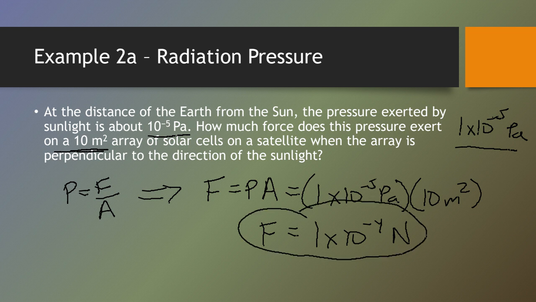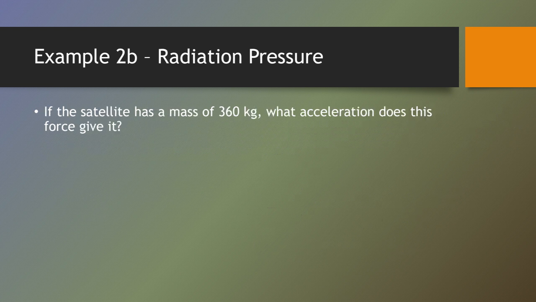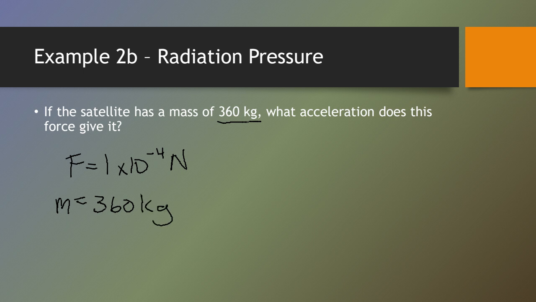Part B, we want to determine if we have the mass of the satellite at 360 kilograms, what acceleration does the force give it? Well, we know the force was 1 times 10 to the minus 4 newtons. Now we know the mass is 360 kilograms. Think back to Newton's second law. The acceleration is equal to the force divided by the mass.